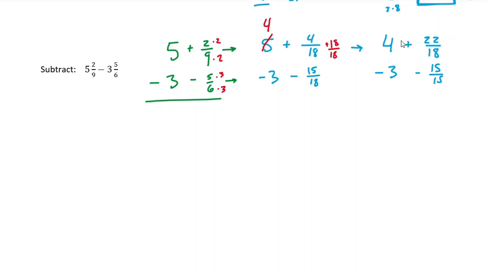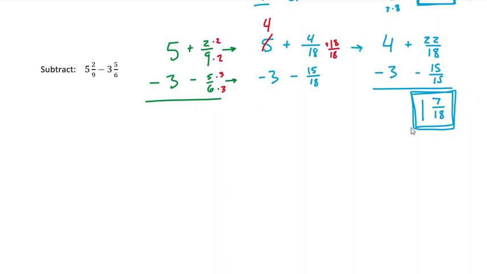And now I have the 1 that I borrowed from the 5, made it a 4. I took that 1 and added it to the 4 eighteenths that I already had. And now I can subtract: 22 eighteenths minus 15 eighteenths is 7 eighteenths. And then 4 minus 3 is 1. 1 and 7 eighteenths, which is very much what we predicted the answer would be when we estimated it in decimal form.